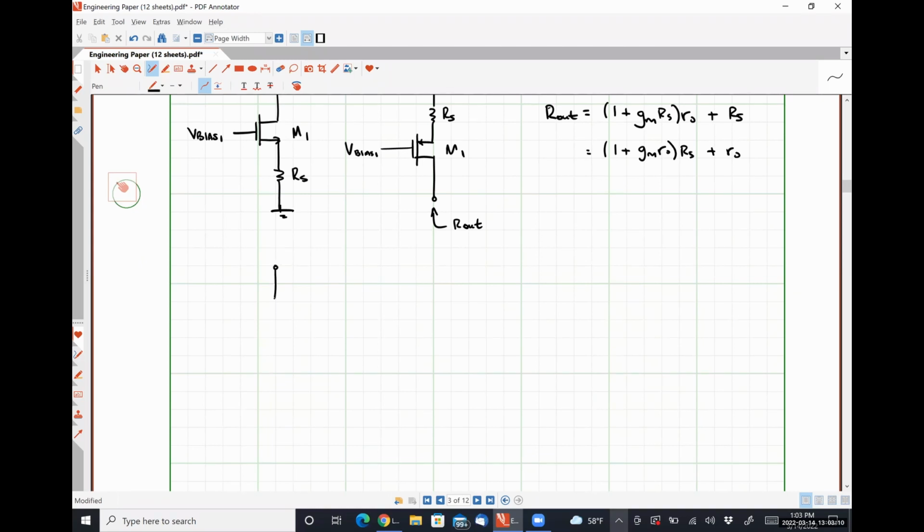So we could have an NMOS transistor M1 being degenerated by a second NMOS transistor M2, like so. Here's V bias 1, V bias 2. Or a PMOS transistor being degenerated by a PMOS transistor.